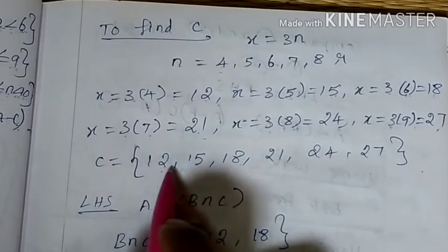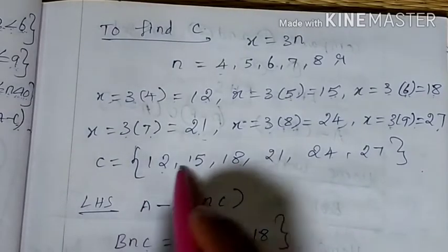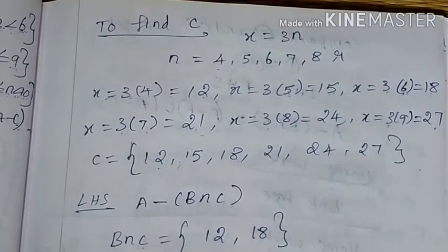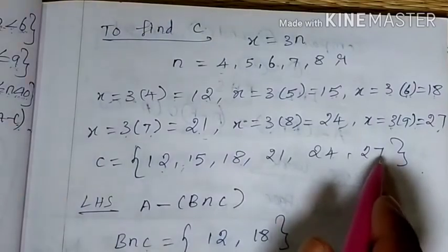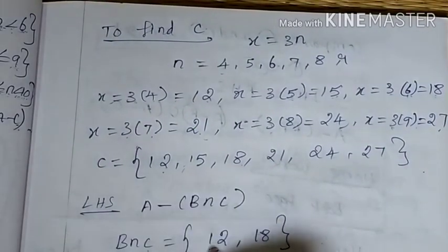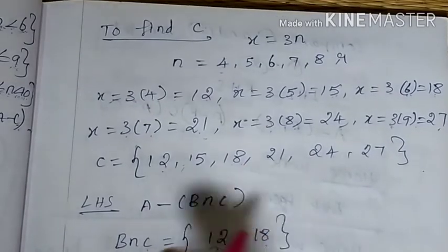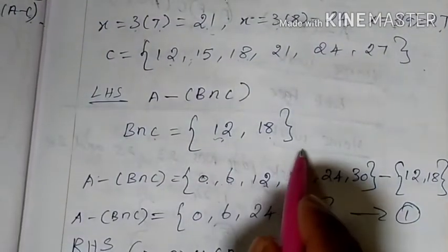These are multiples of 3, starting from 12. So B lies between 4 to 20, multiples of 2, and C is from 12 to 27. Okay. So 12 appears in both sets. Then 18 also appears in both sets. So the result is B intersection C equal to 12, 18.